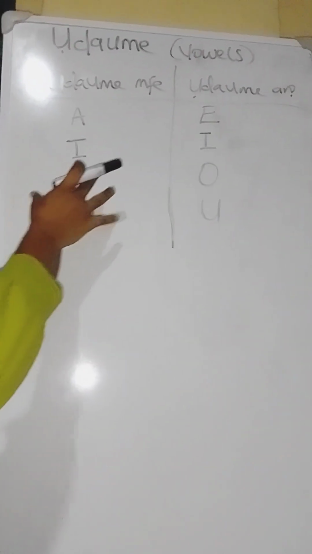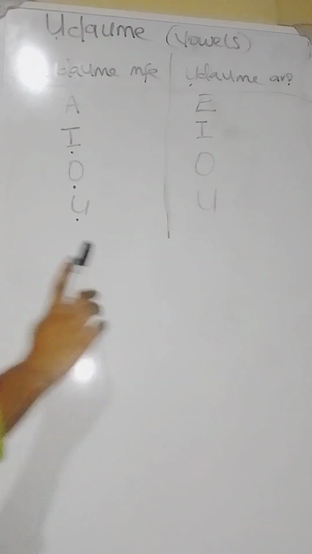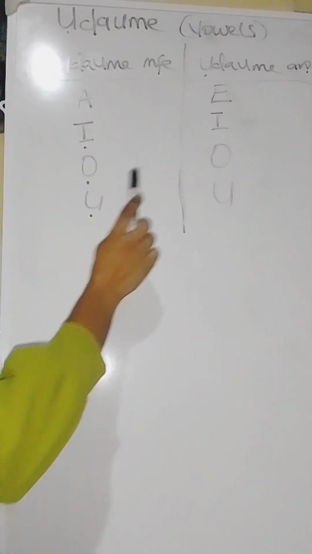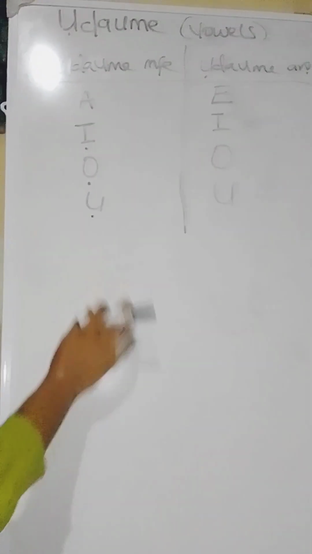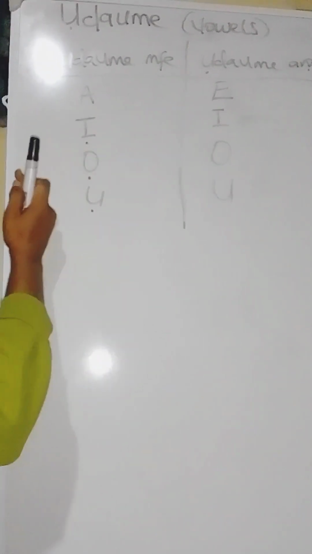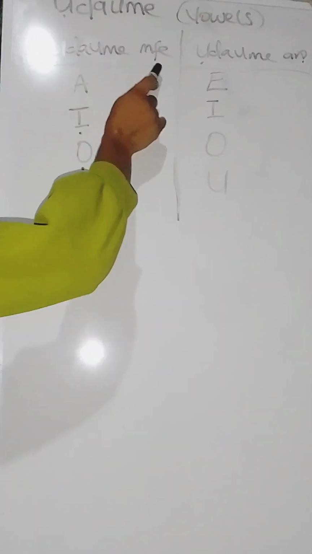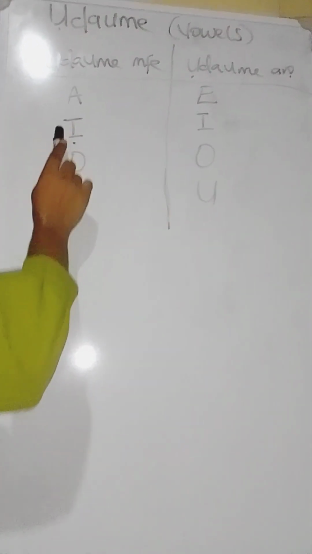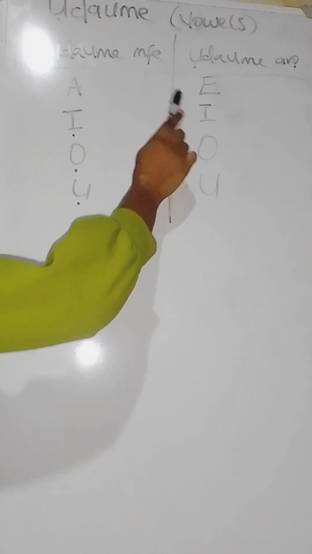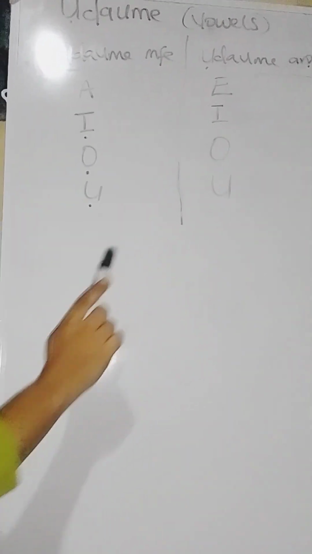These are the vowels of Igbo language. They are 8. Otu, abo, ato, ano, ise, isi, asa, asato. They are 8, and they are divided into 2, the light and the heavy. Remember, Odaume Mfe means light vowels, Odaume Aro means heavy vowels.